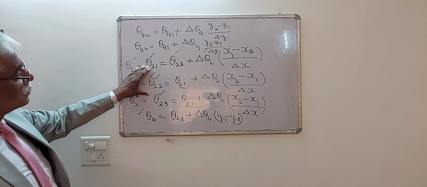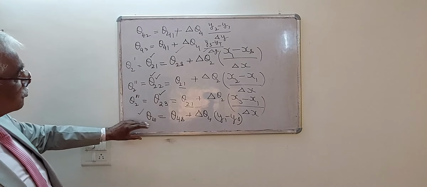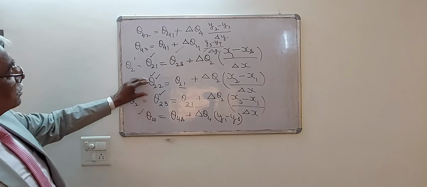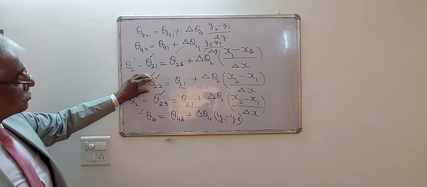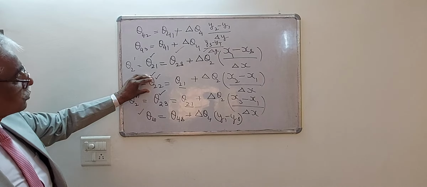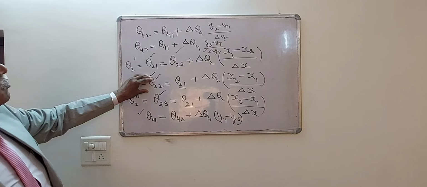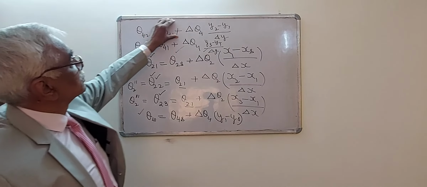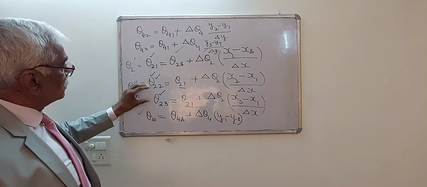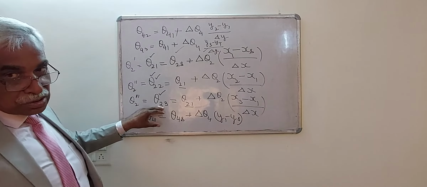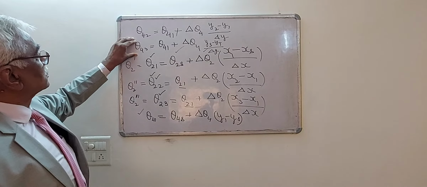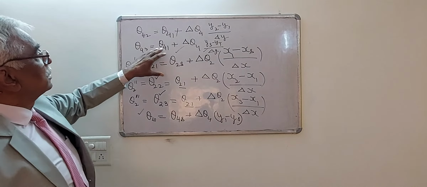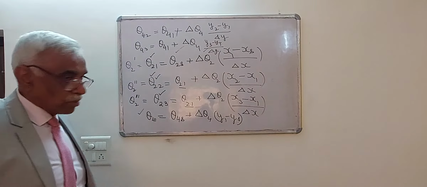Theta 2 1 is the initial value, and the corresponding value of the output link is theta 4 1. Theta 2 2 is the second value of the rotation of the input link, and the corresponding value of the output link's rotation will be this much. And theta 2 3 is the third rotation of the input link, and the corresponding rotation of the output link is theta 4 3, and it can be written like this.